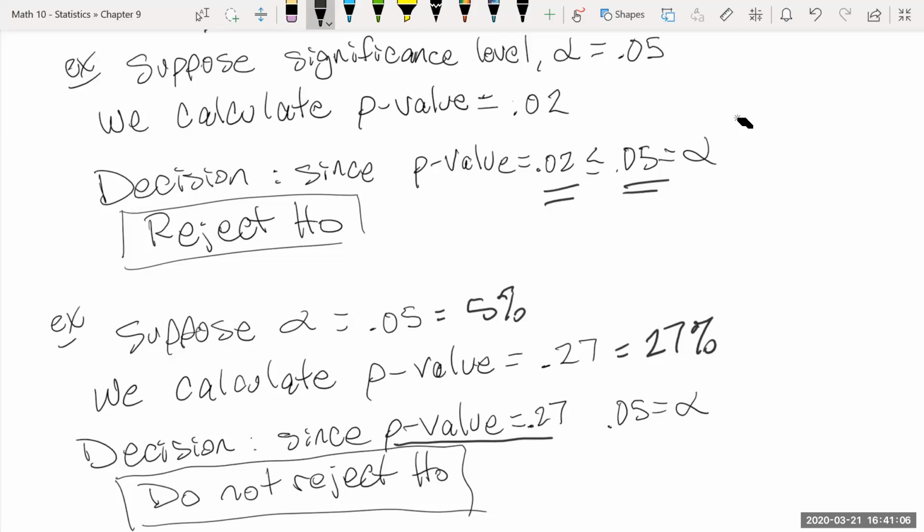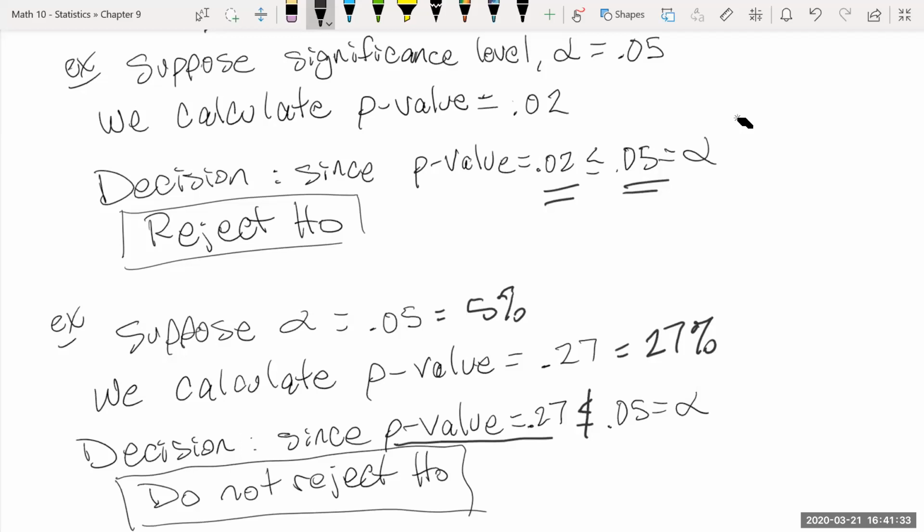So I start off with the p-value of 0.27 less than or equal to 5%, which is alpha. And I say, wait a second, it's not less than or equal to that, so I'm going to cross it out. Since it's not less than or equal to, I'm not going to reject the null hypothesis. There's a 27% chance that the null hypothesis is true, which is much greater than my 5% chance.